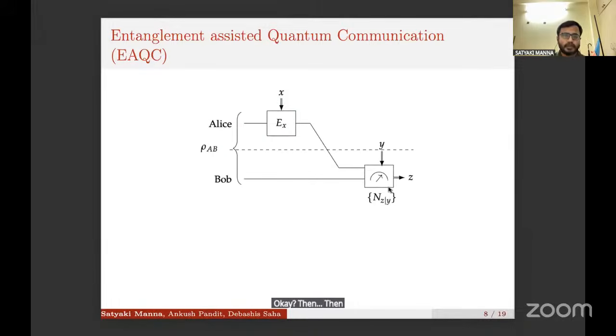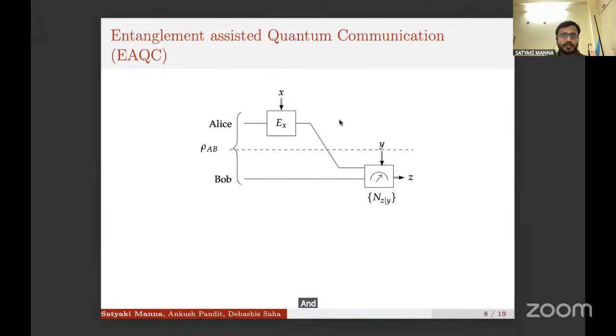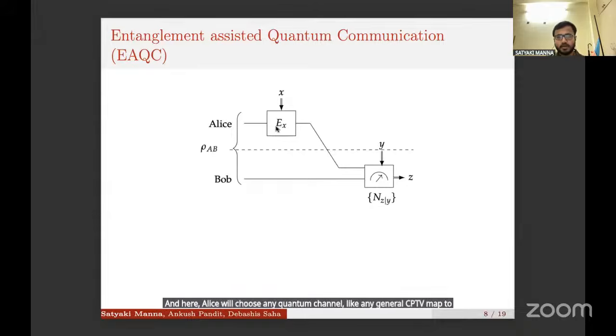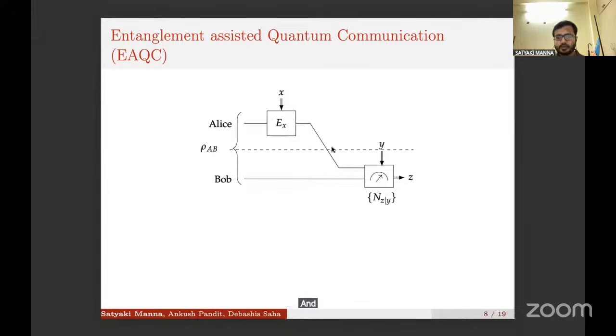Okay. Then I'm going to another class of communication task that is called entanglement assisted quantum communication. And here Alice will choose any quantum channel, like any general CPTP map, to operate on her share of the entangled state, that is E_x, and send the quantum state to Bob.